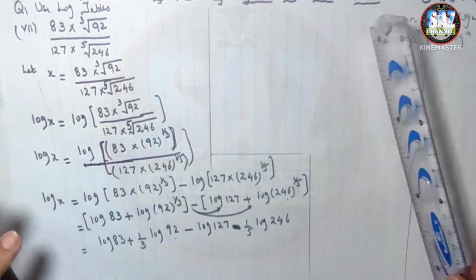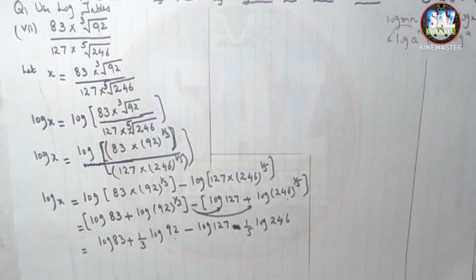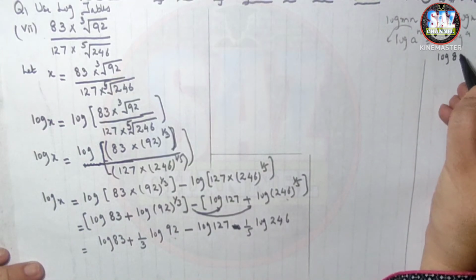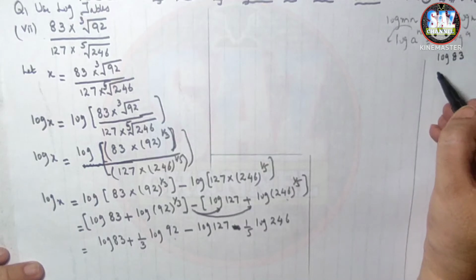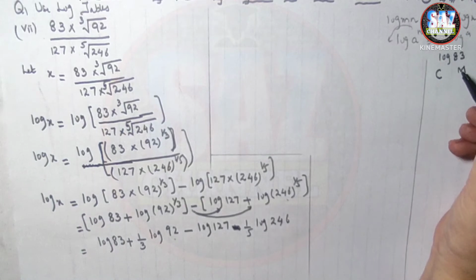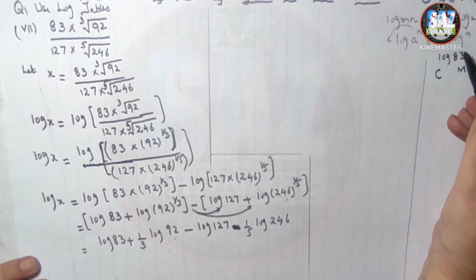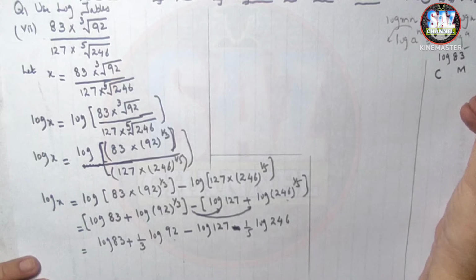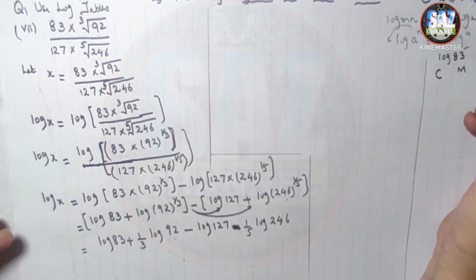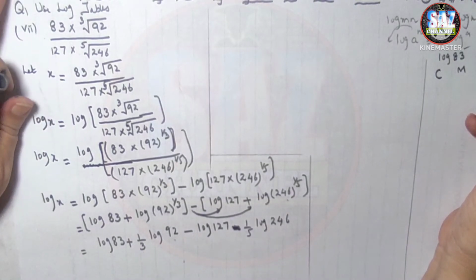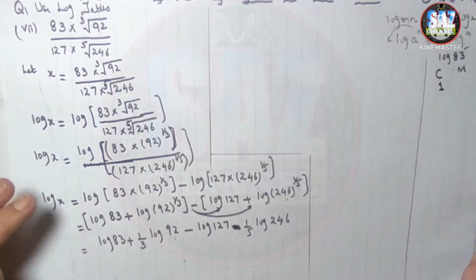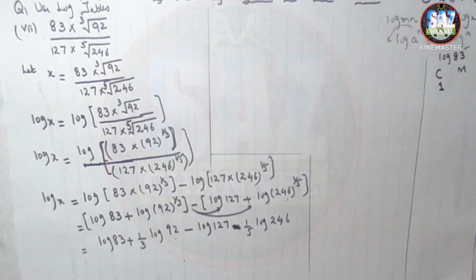The first number is log of 83. Recall the rule: log of any number consists of two parts, characteristic and mantissa. For the characteristic, we count how many digits are there in the integral part before the decimal. Here we have 2 digits, so the characteristic will be 1, and for the mantissa I need 4 significant figures.